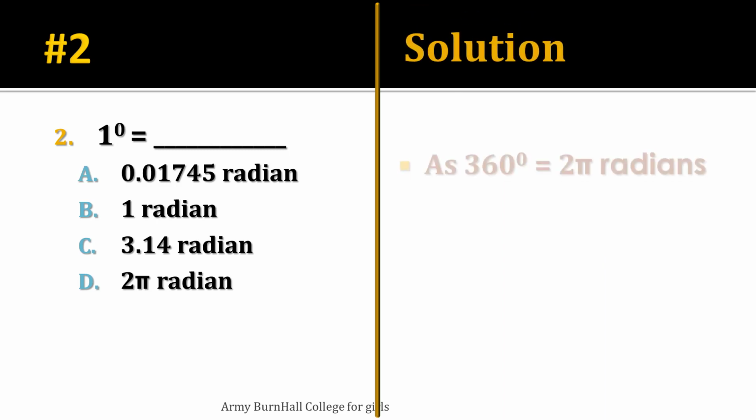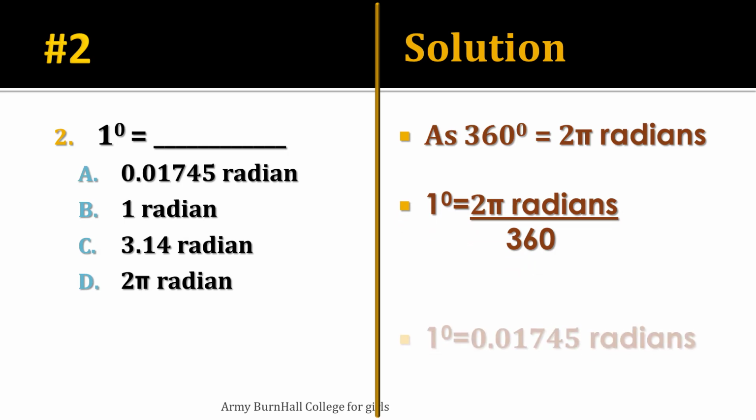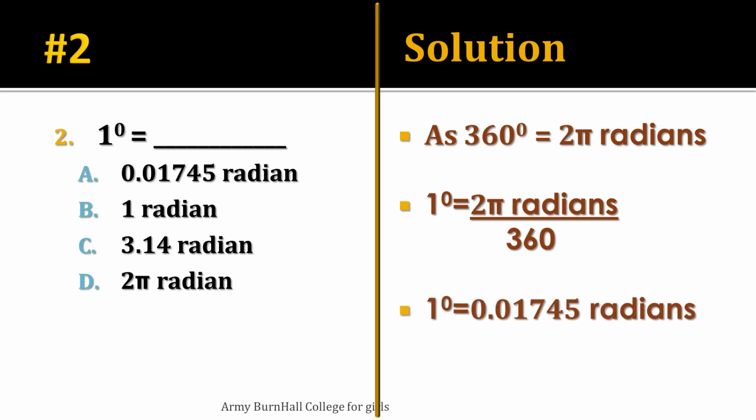In the solution, we know that 360 degrees is equal to 2 pi radian, and dividing both sides by 360, 1 degree is equal to 2 pi radian divided by 360, which is 0.01745 radian. So what is the correct option over here? Option A, 0.01745 radian is the correct option.